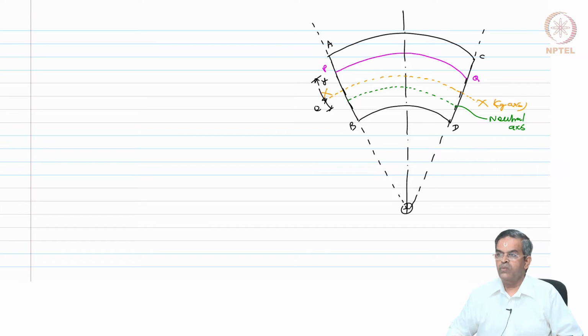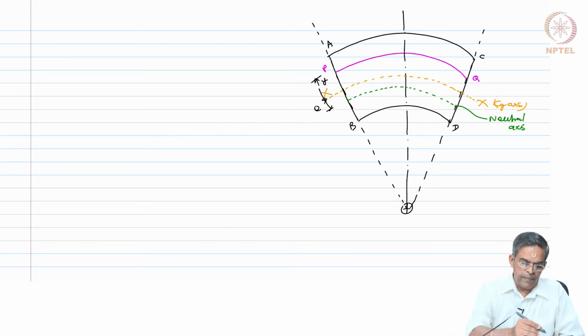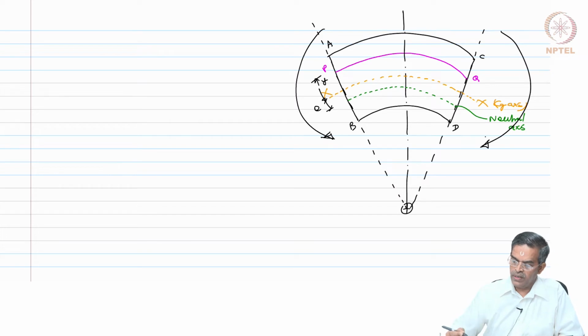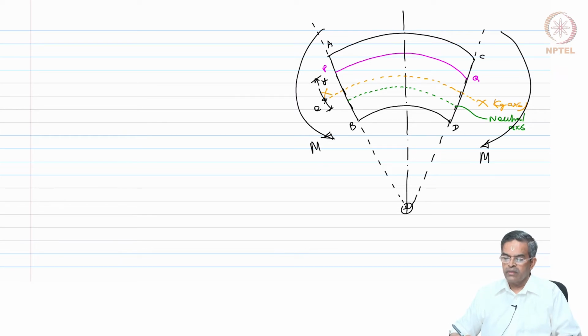Okay. Now, under the applied moment M, which is tending to close the curvature or decrease the curvature, the element is going to deform. Let us draw the deformed condition of this element.